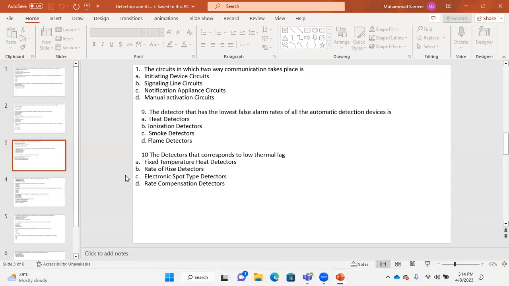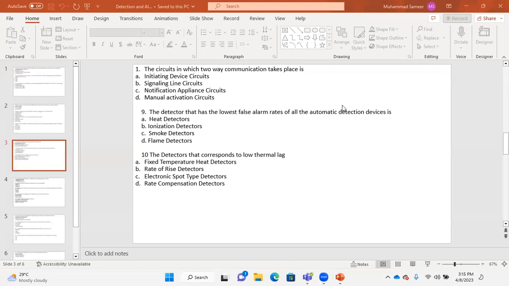Heat detector has the lowest false alarm rates of all the automatic detection devices. Oh, sorry, I gave the answer. The detector that has the lowest false alarm rate is the heat detector. Yes, exactly. Heat detectors have the lowest false alarm rates of all the automatic detection devices.